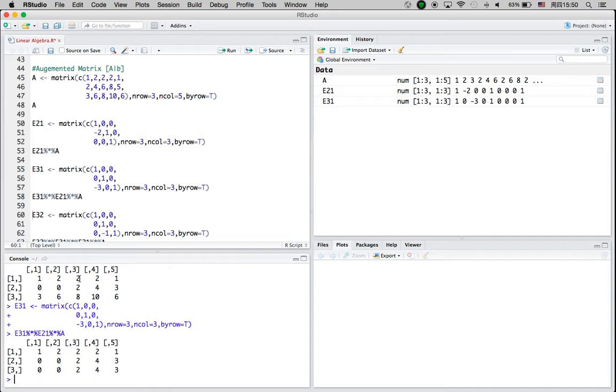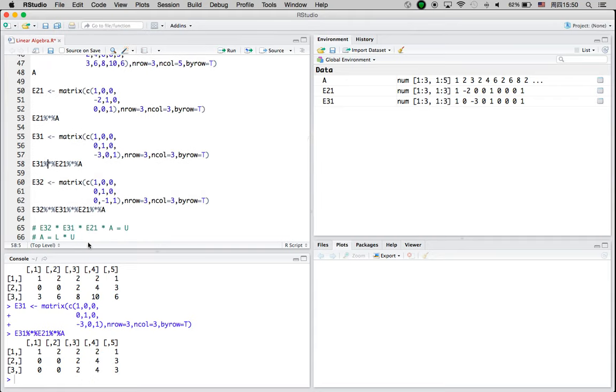And then 8 minus 3 times 2 leaves a 2, and 10 minus 3 times 2 is 4, and then 6 minus 3 is 3. So after the second elimination, we get this result here, and again we want to subtract.